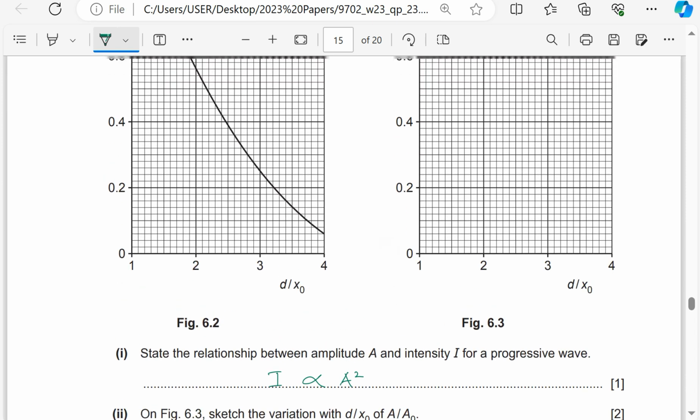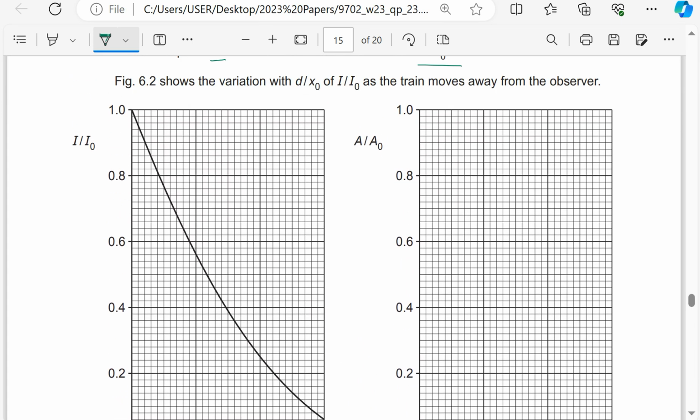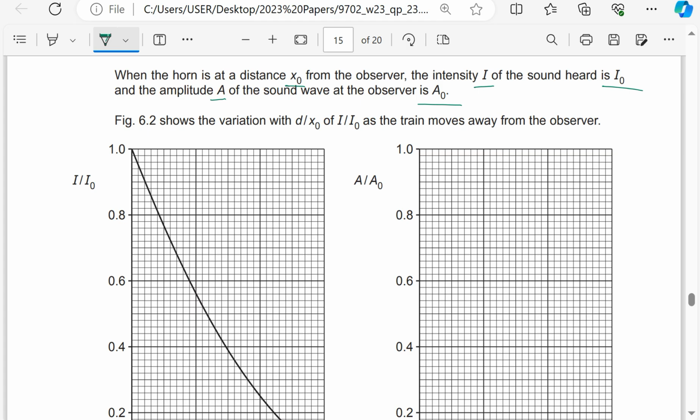You can check. A is directly proportional to the square root of I. If I is 1, A is going to be a constant times 1. Remember, I'm saying A is equal to a constant times the root of I. So if I is 1, A is going to be a constant times 1, which is this point here.